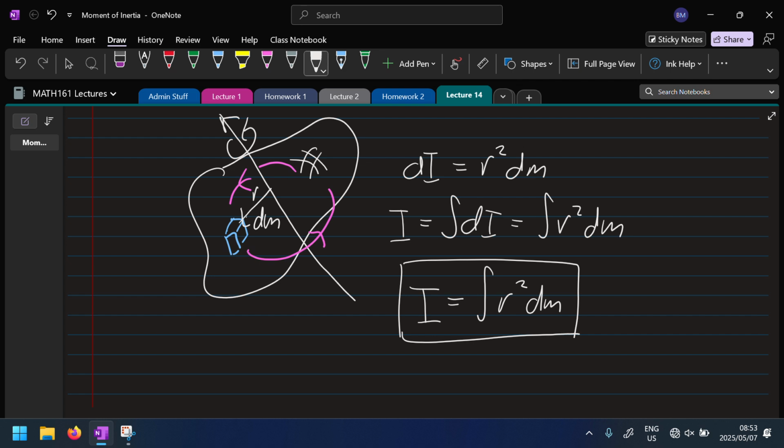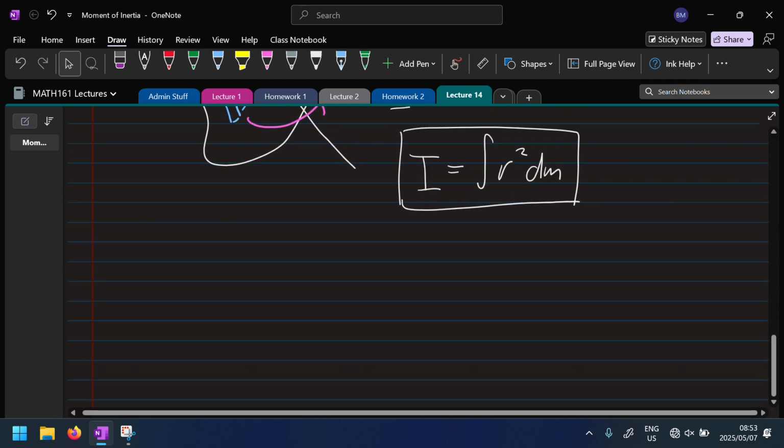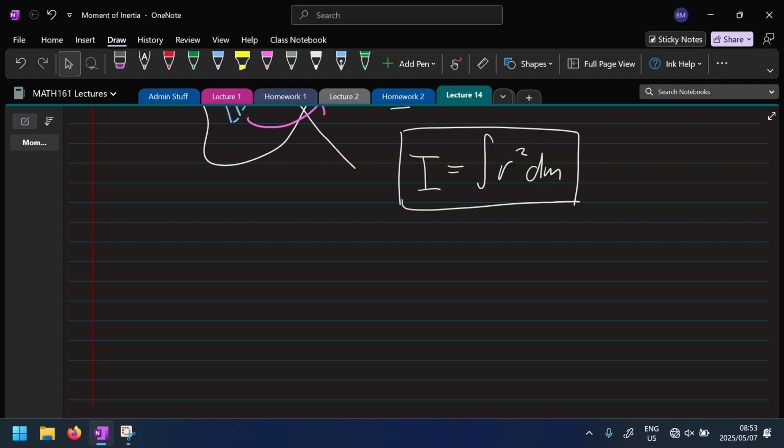We're going to find specific formulae for specific cases, but if you forget them, you can always start from here. You can think of this as the first principles way of doing things. You start from this equation, you can answer any of the questions, but we're going to find three cases, 1D, 2D, and 3D, that will be much easier to work with. Again, if you forget all of that, you can always start from here.